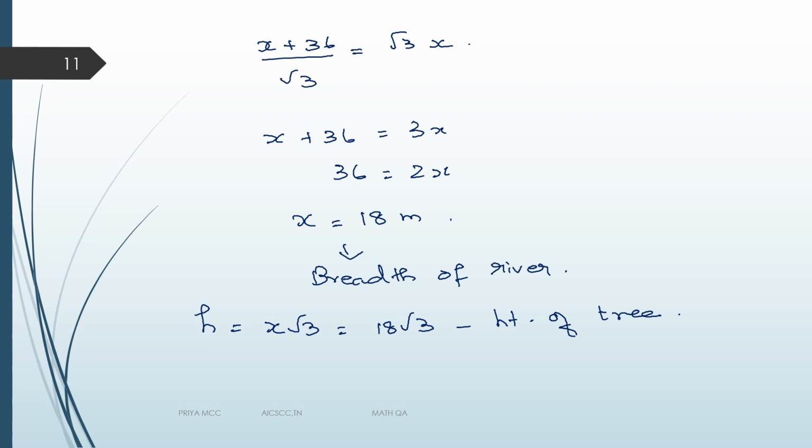By measuring at the point where you're standing, you are able to calculate the breadth of the river. You need not even know the height of the tree. All that I need is measurement from two different positions for the same tree. Then you can just eliminate the height of the tree. You have eliminated your h here and you're finding the breadth of the river.